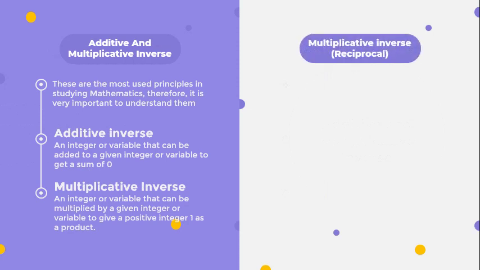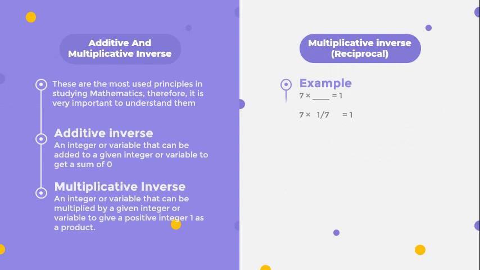What about multiplicative inverse or reciprocal? Let us see some examples. We are given a number 7 times the blank space, which can represent anything, the unknown, or it can be a variable. It has to give us 1. Remember? Multiplicative inverse is anything that when you multiply the given number, it has to give you 1.